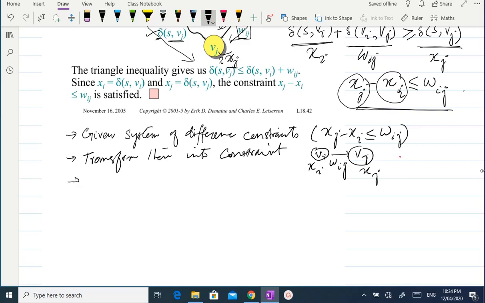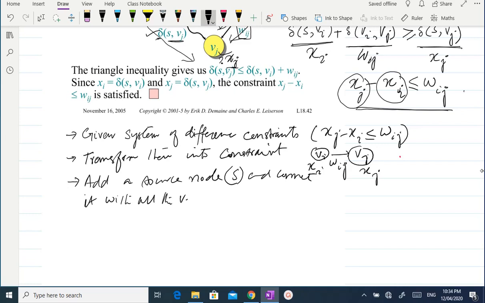And after the transformation, add a source node s and connect it with all the vertices with 0 edge weight.